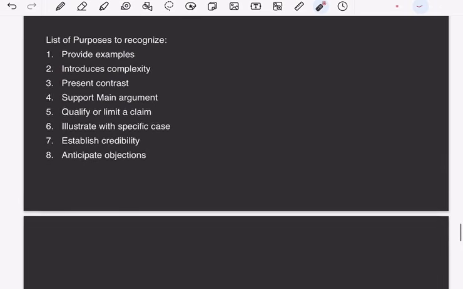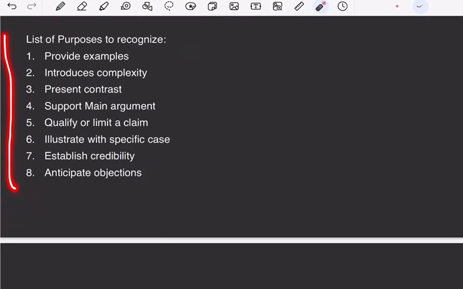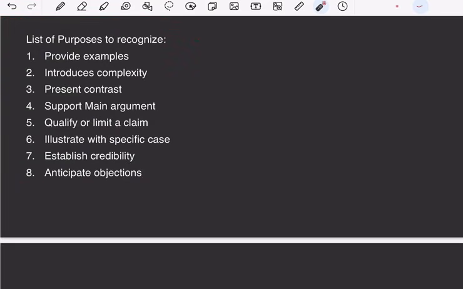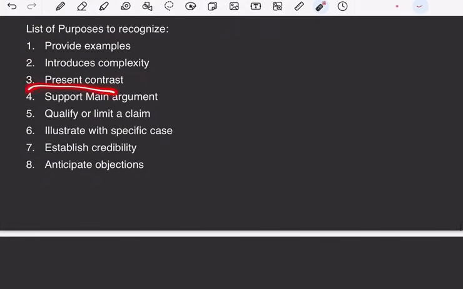So these are the purposes that you can recognize in a purpose question. Common purposes: the first one is to provide examples. Maybe the author is including something to provide examples, or to introduce a concept, or introduce complexity in a concept. Then maybe the author is introducing something to provide a contrast or a difference.